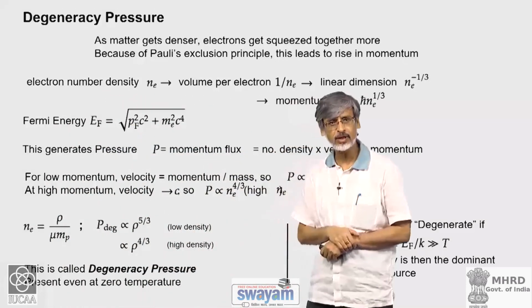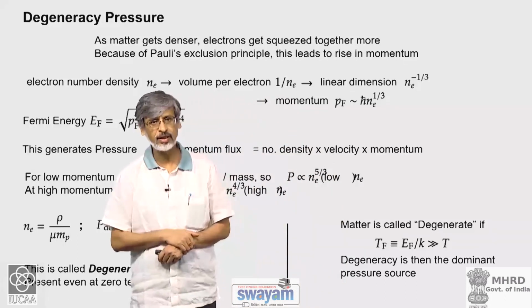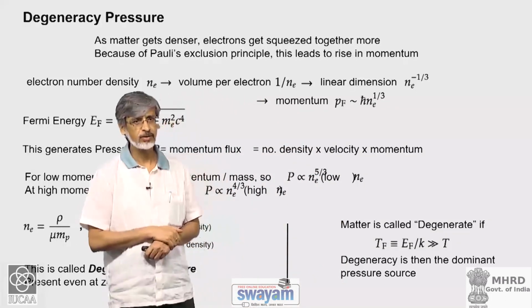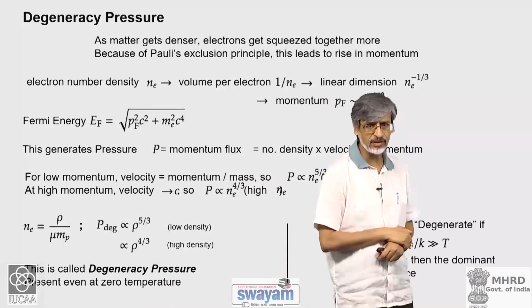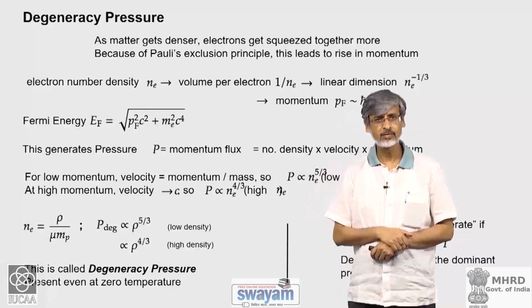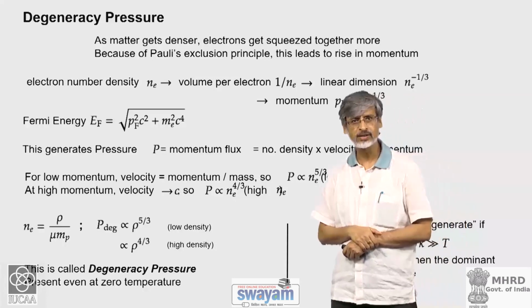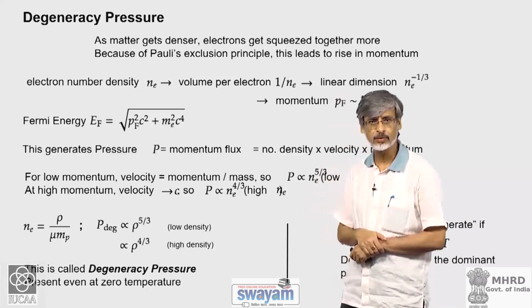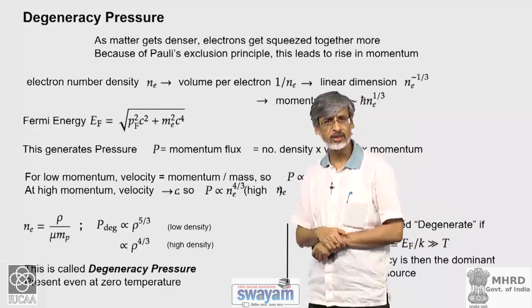Mass density is mu times n e times m p. So, n e therefore can be written as rho divided by mu e m p. If you take that density, you can then write the degeneracy pressure, as I have said before, as density to the power of 5/3 at low density, density to the power of 4/3 at high density. And this pressure is what we call degeneracy pressure.